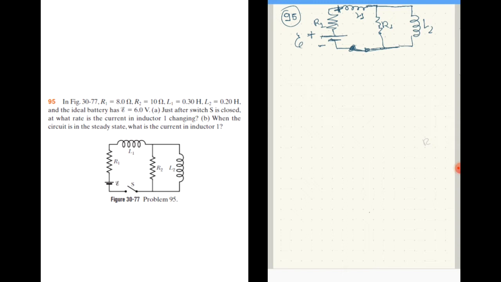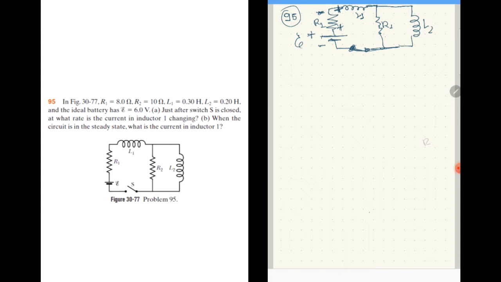Something else we can do to simplify the solution is put a plus sign and a negative sign on the elements of the circuit. We have a plus sign here because this side of the resistor is the nearest side to the positive side of the battery, and this is negative because this side is far away from the positive side of the battery.